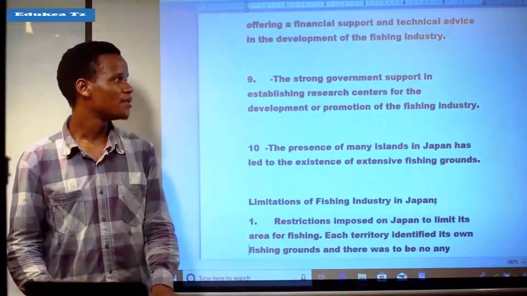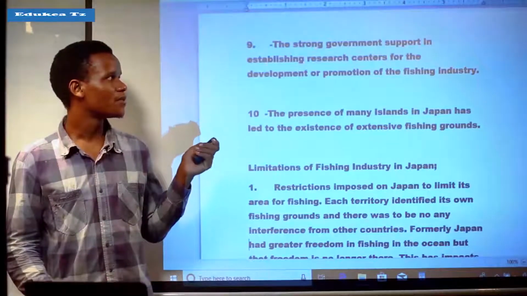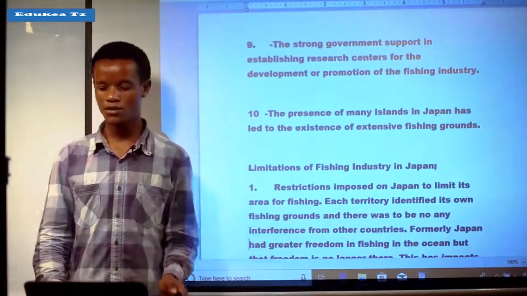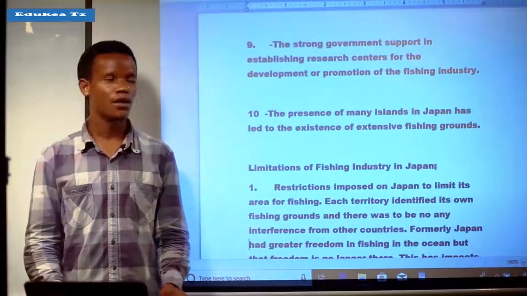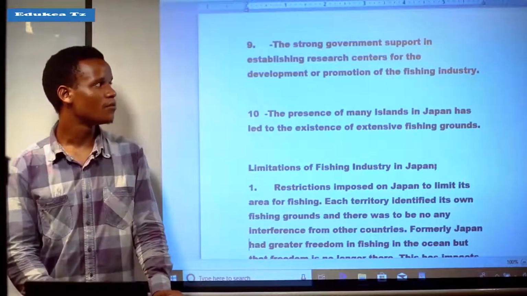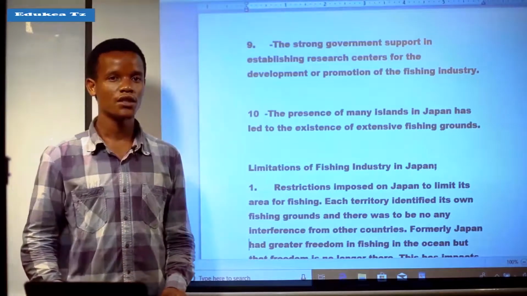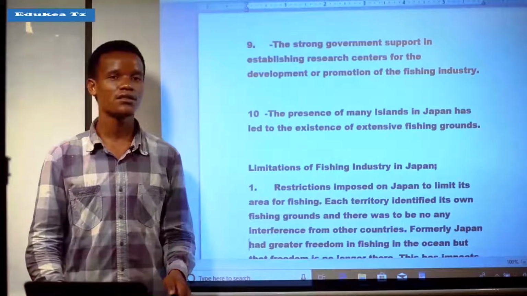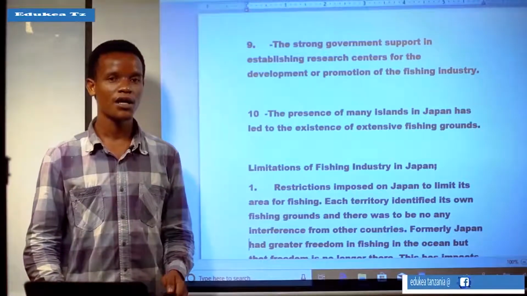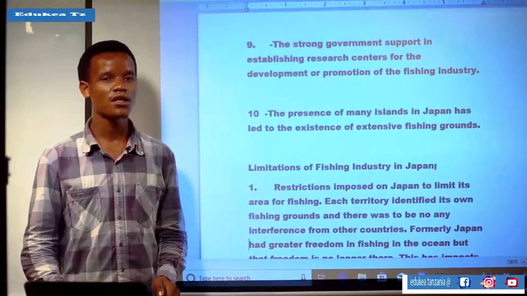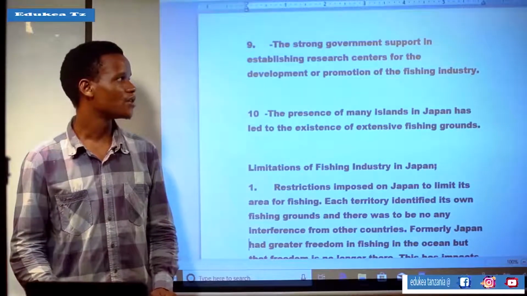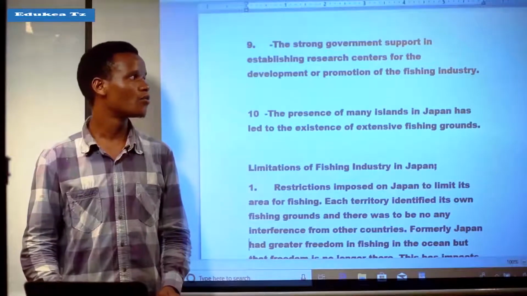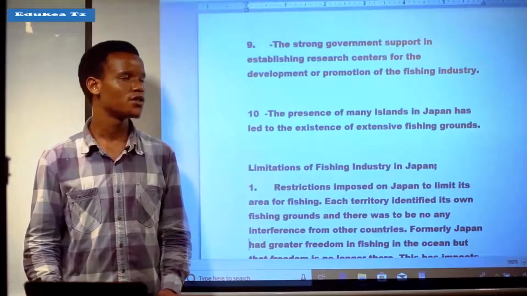Another is strong government support in establishing research centers for the development and promotion of the fishing industry. As we see, government support contributed much to the development of the fishing industry in Japan, since the government of Japan is establishing research centers for searching for markets, also for searching for the best techniques that will be used in fishing, and also research on how to promote the fishing industry and so on.